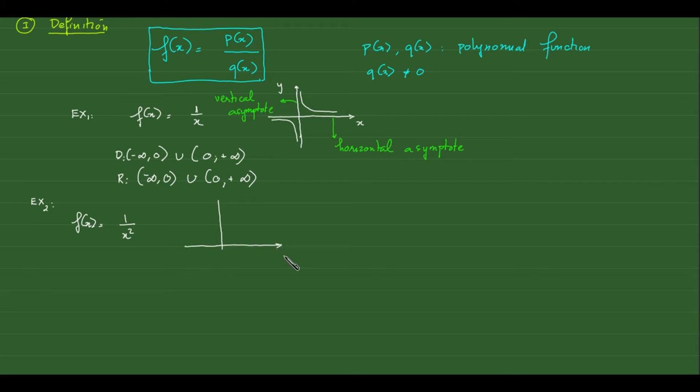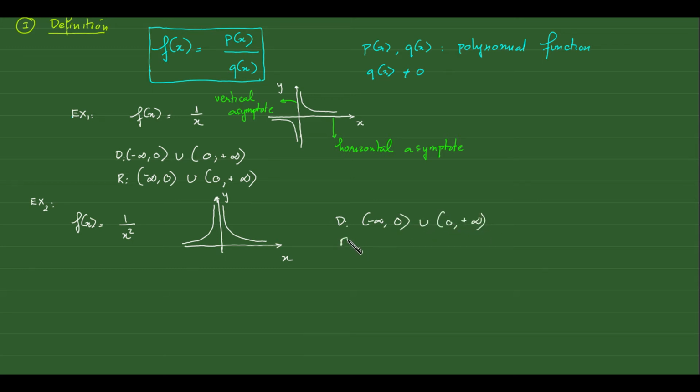This is the x-axis here and this is the y-axis here. The graph will go up like that, and we have another branch going up on the other side. In this case, the x and y axes are also vertical and horizontal asymptotes. And the domain will be the same: negative infinity to 0, union with 0 to positive infinity.